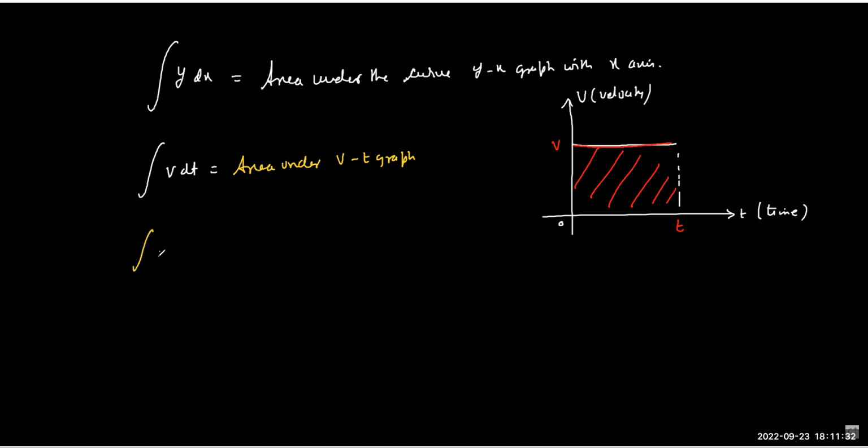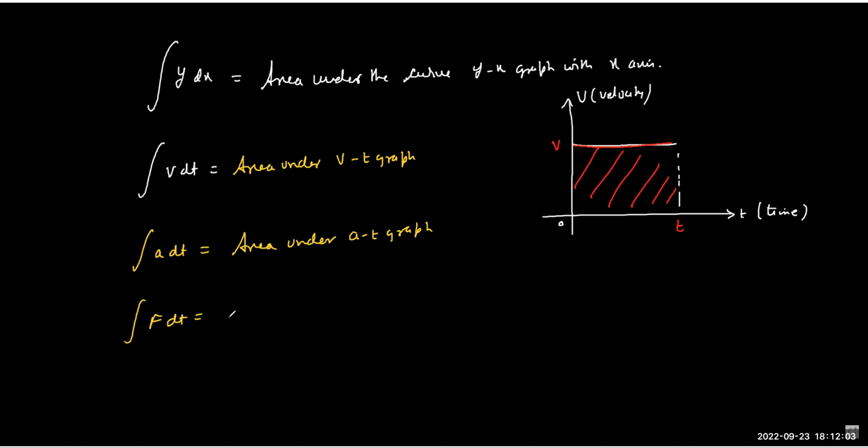If I write a dt, this is the area under which graph? Acceleration and time. Very good. So this is the area under the a-t graph, acceleration and time graph. You will come across a variety of things. Let's say f dt. This is the area under which graph?